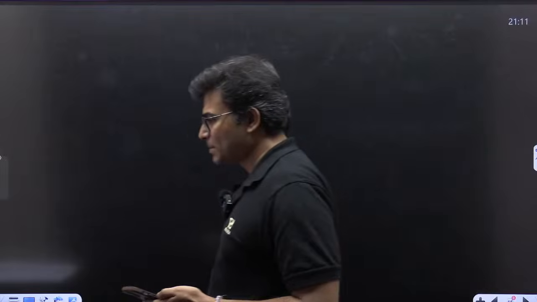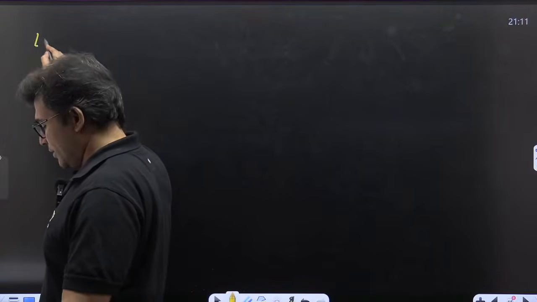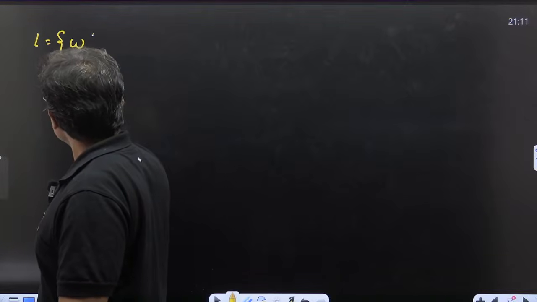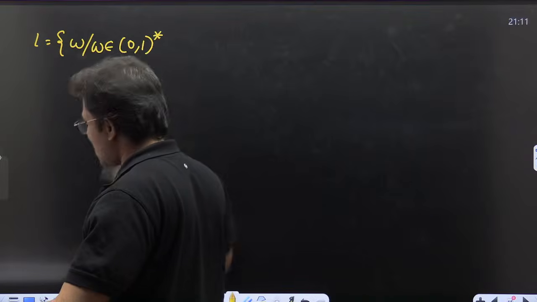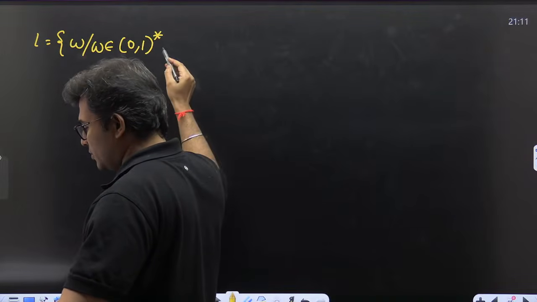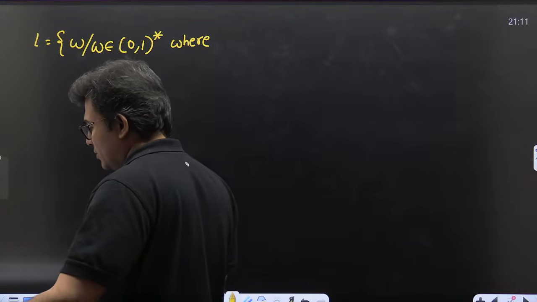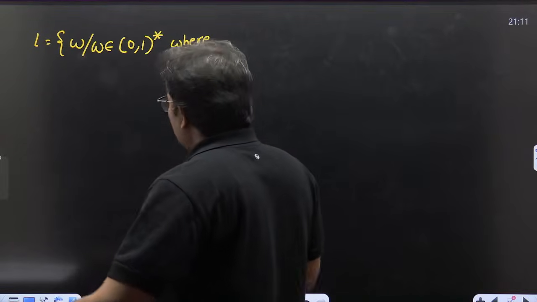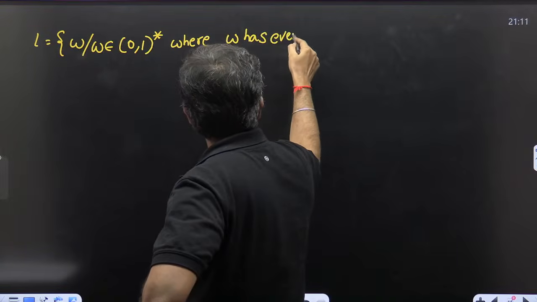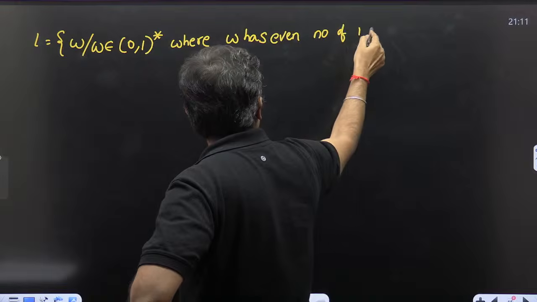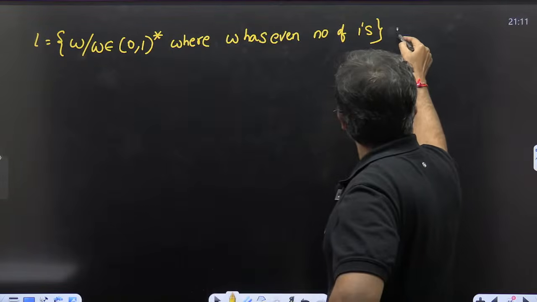Now, L equal to W such that W belongs to 0, 1 star, where W has even number of ones, right?